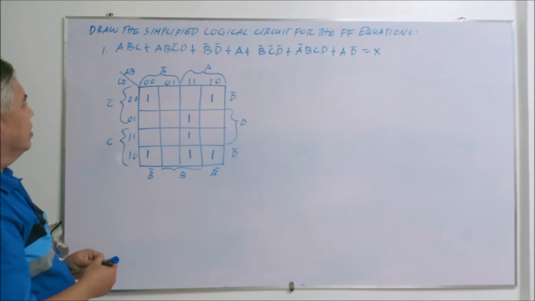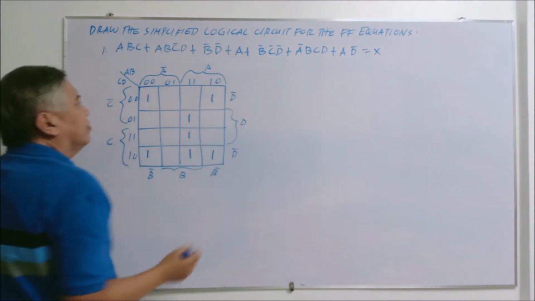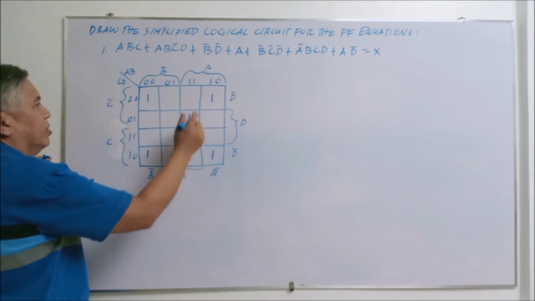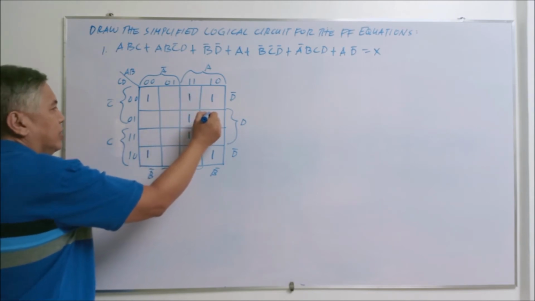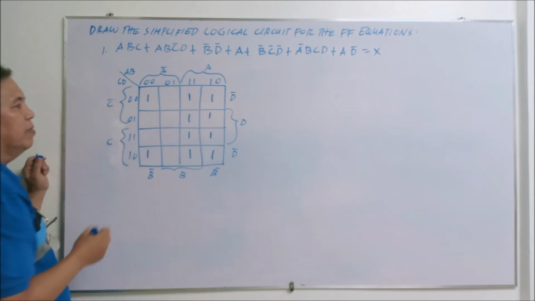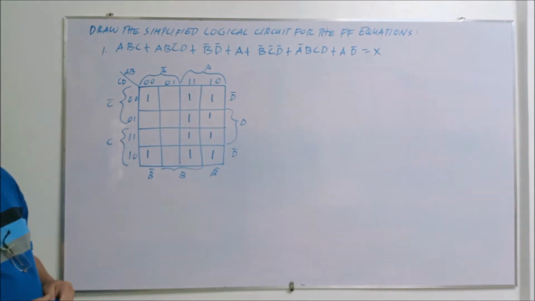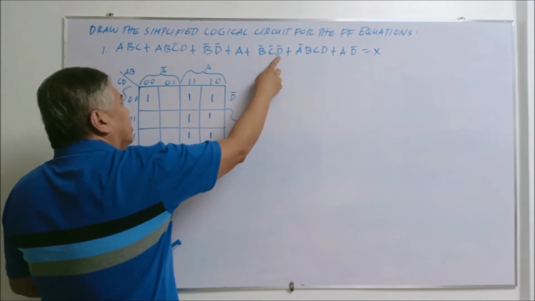Okay? And then, we have A. Where's A? This one. 8 adjacent cells. Some of the cells already have a value of 1, so we just put 1 on the blank cells under A. Okay? Then we have B bar, C bar, D bar.